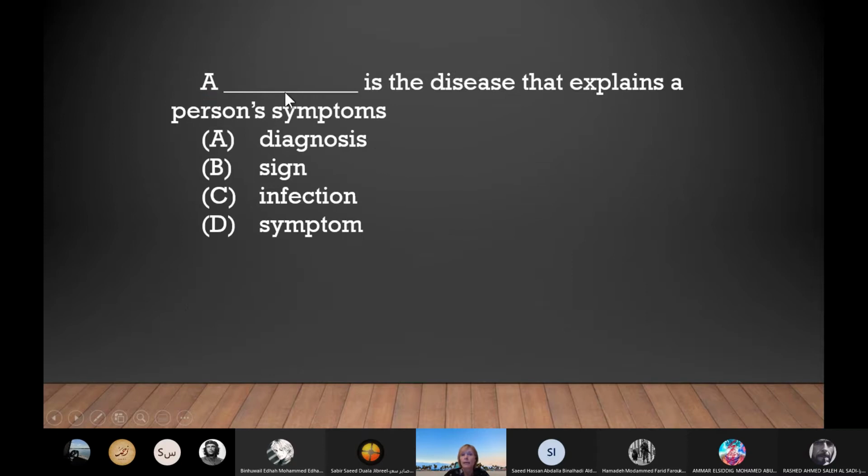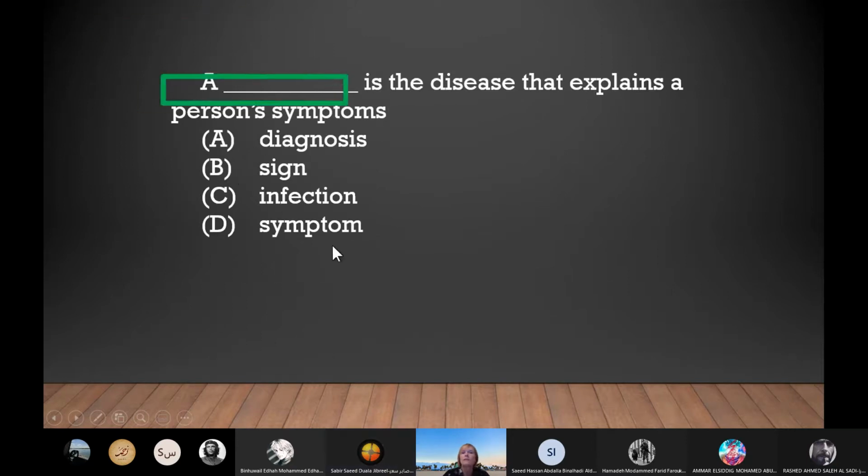Okay, so something is the disease that explains a person's symptoms. Wait, no, sorry, this is not right. I've got a typo in there somewhere. So what is the word that means something that explains a person's symptoms? Sign?